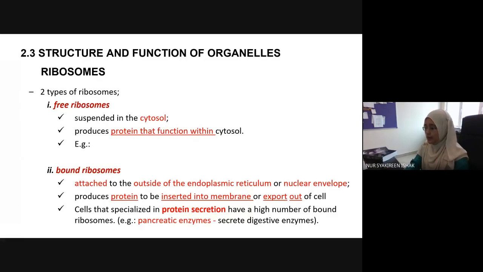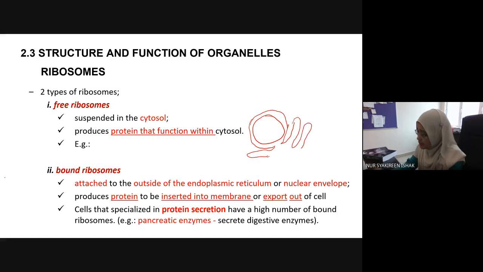So bound ribosomes are attached to the outside of the endoplasmic reticulum or the nuclear envelope. Here you have the nucleus, the inner membrane, and then the outer membrane. The outer membrane is connected to the rough ER, for example. Rough ER is made up of flattened sacs.